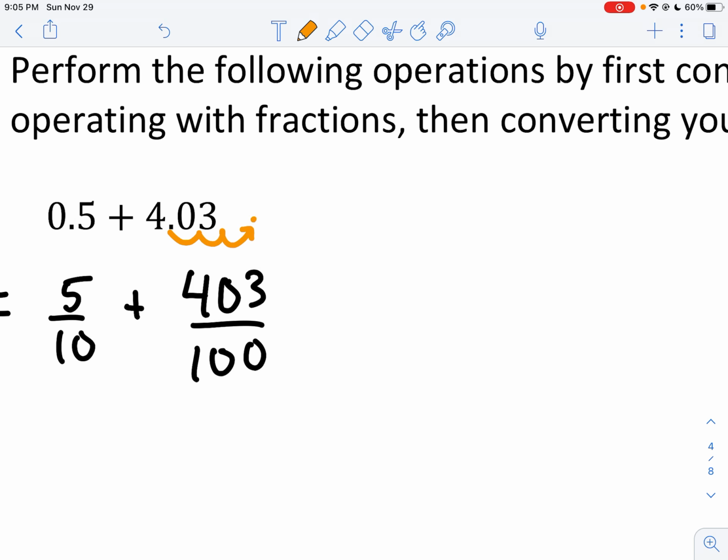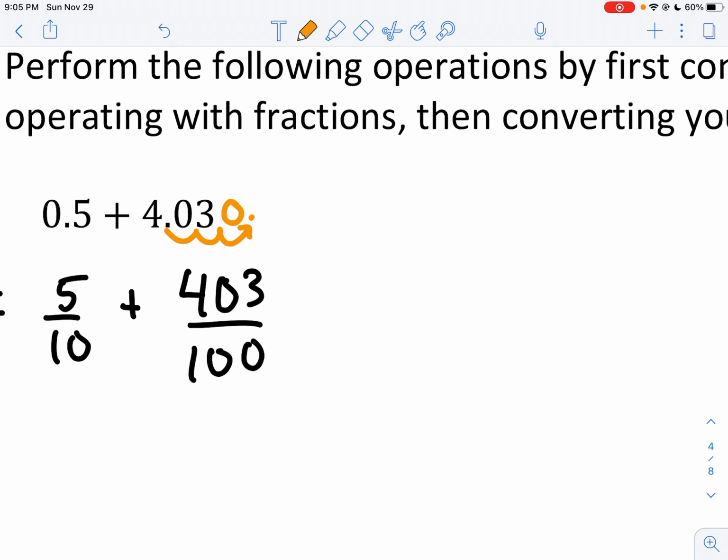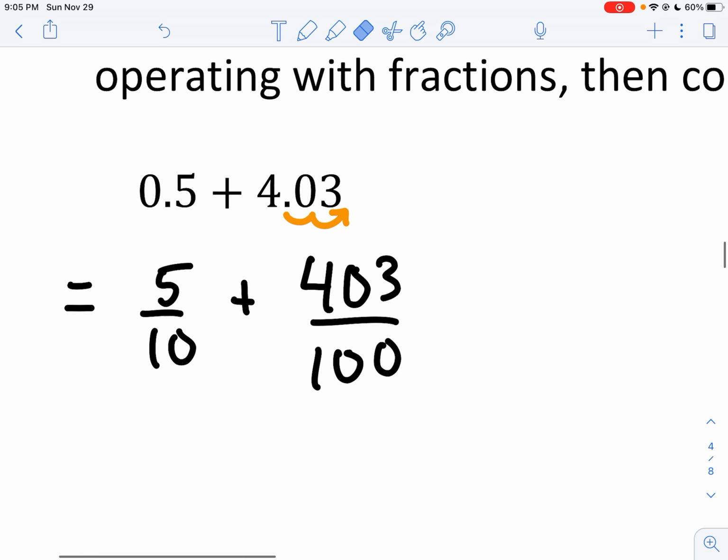Now you could move the decimal 3 spots, in which case there'd be an extra 0 showing up, and we would have 4,030 over 1,000. But this is going above and beyond. You only need to move the decimal to the end of the last non-zero digit, so twice, in other words. So we don't need that zero, and we can write this as 403 hundredths.